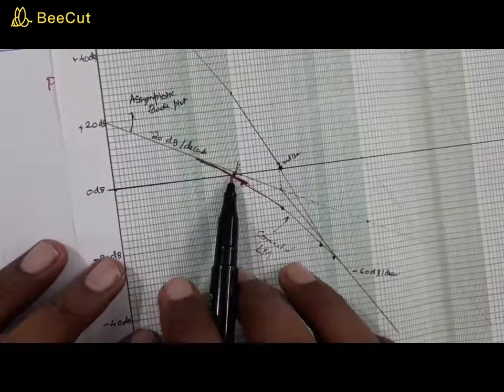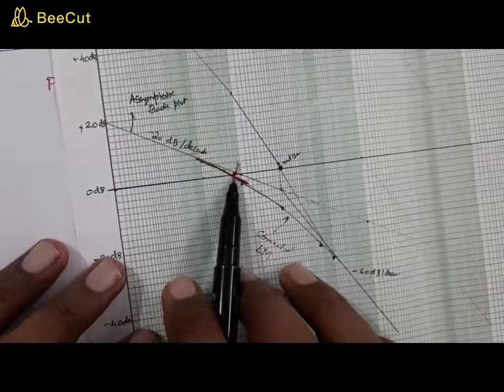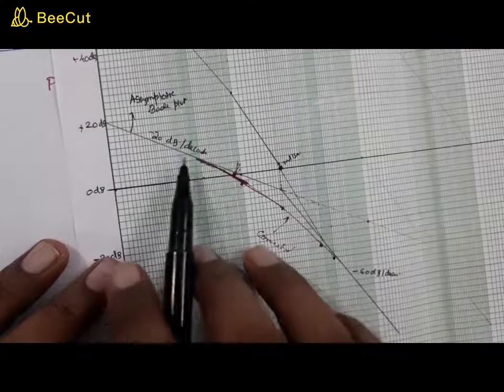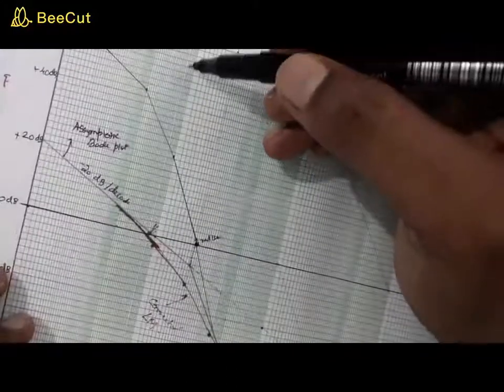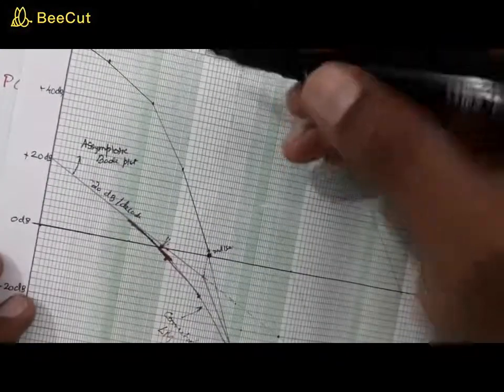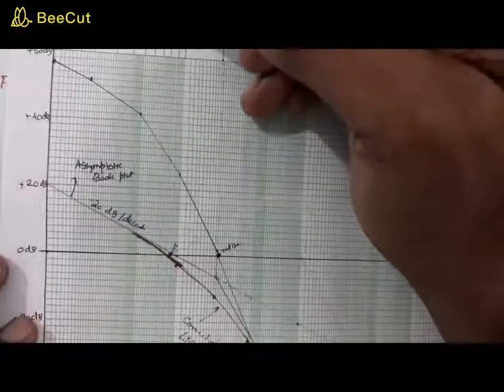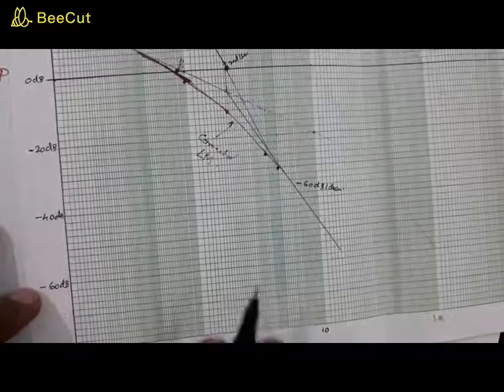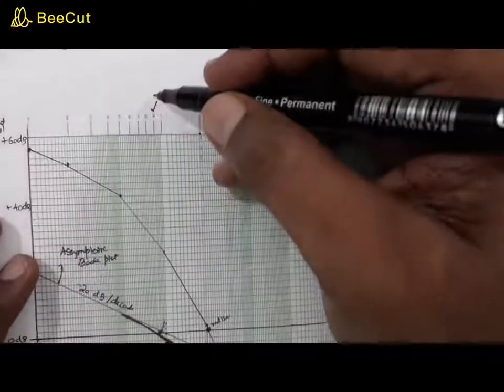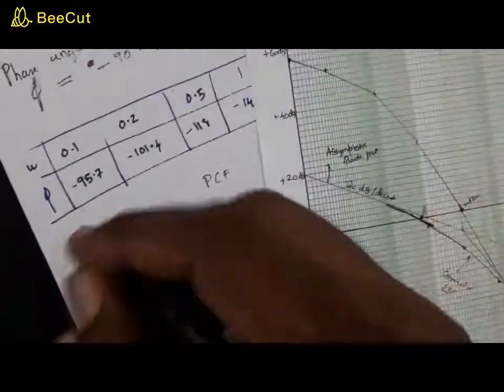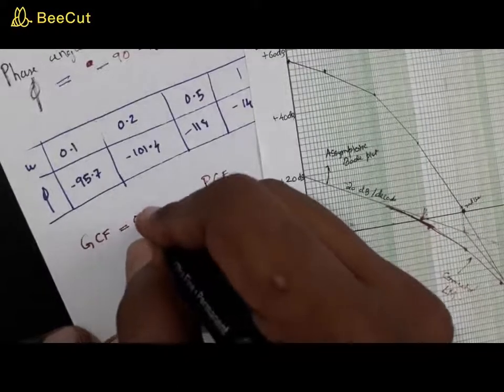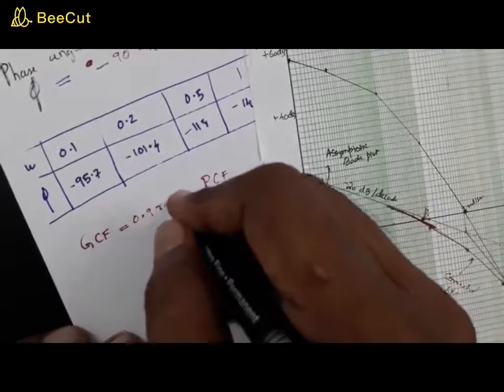Looking at the corrected Bode plot, you can see that it crosses at 9, that is 0.9 radians per second. Since it is a point between 0.1 and 1 decade, this 9 must represent 0.9 radians per second. So your GCF is 0.9 radians per second.